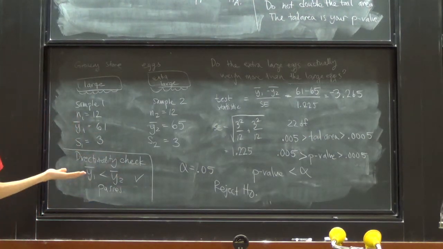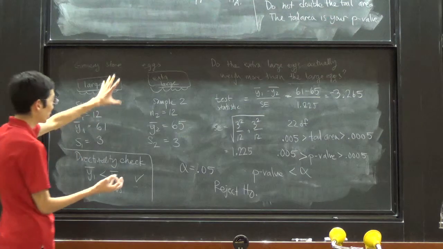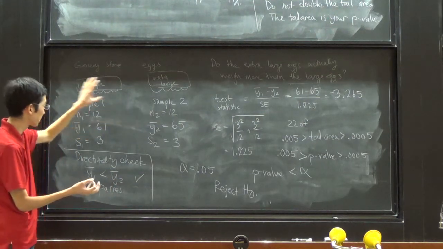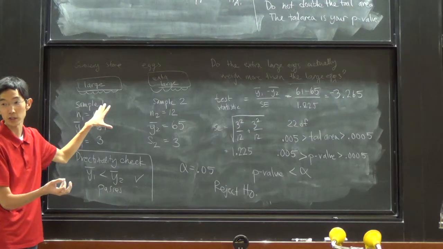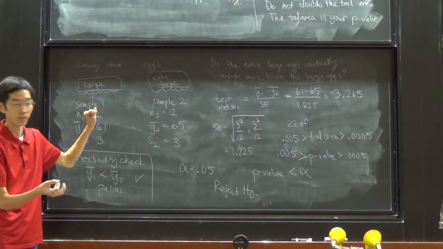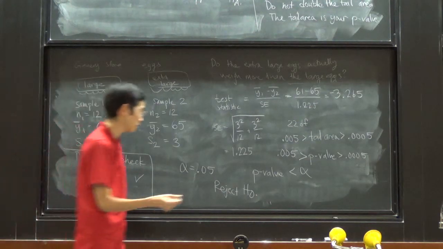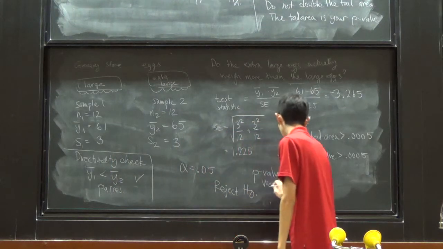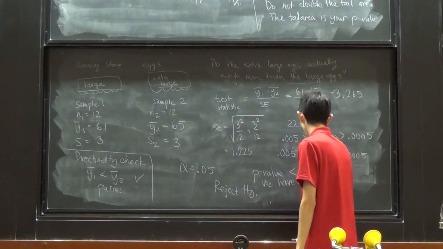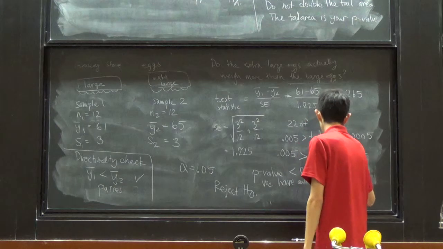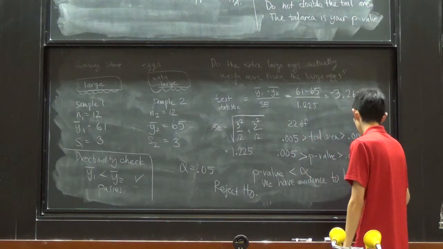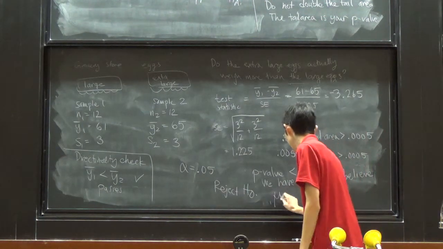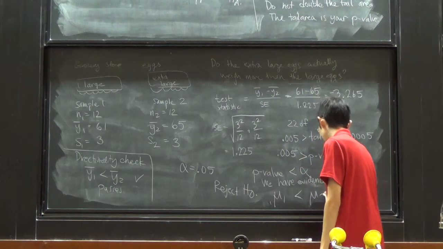And I'm going to come to the conclusion that the average weight of extra large eggs is indeed greater than the average weight of large eggs. Okay, reject the null. We have evidence to believe mu1 is indeed less than mu2.